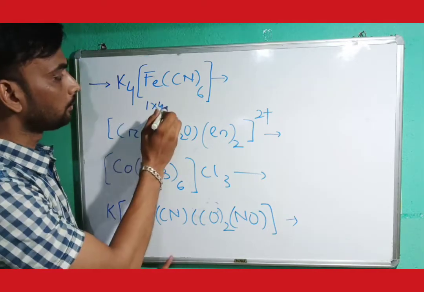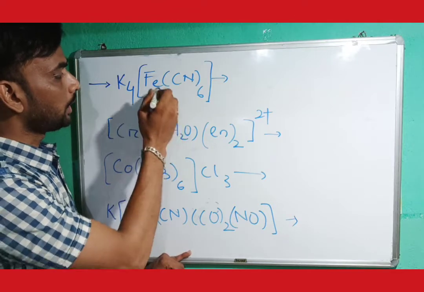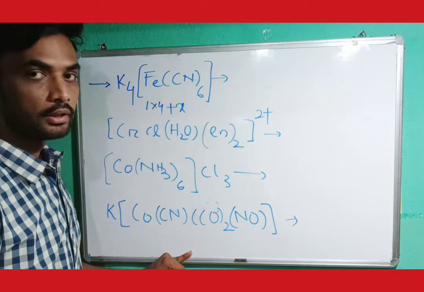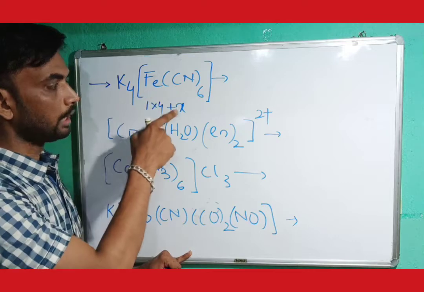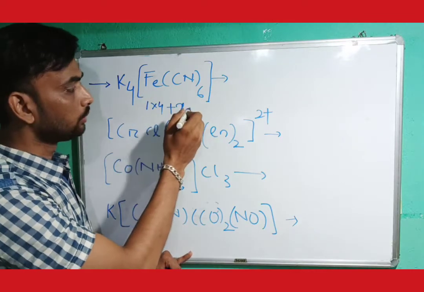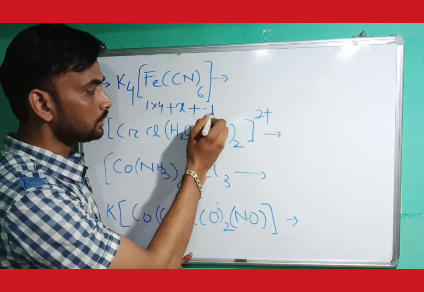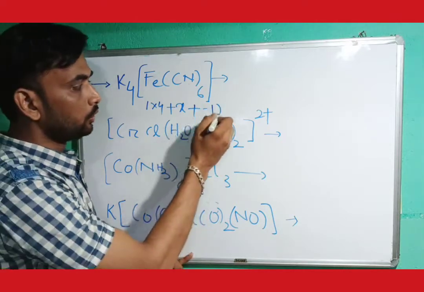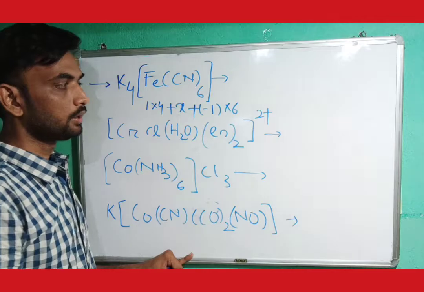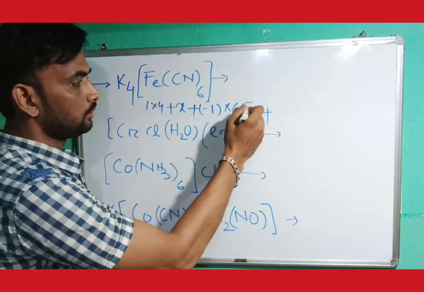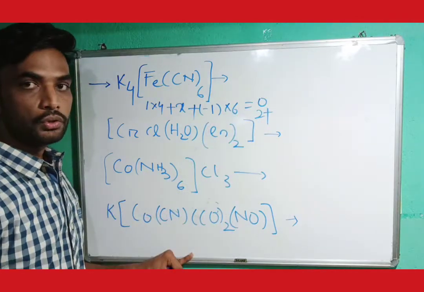Clear? Then plus, let us consider X for iron, which will be calculated, plus cyanide is a negative ligand, so the charge is minus 1 into 6. The total is equal to 0.